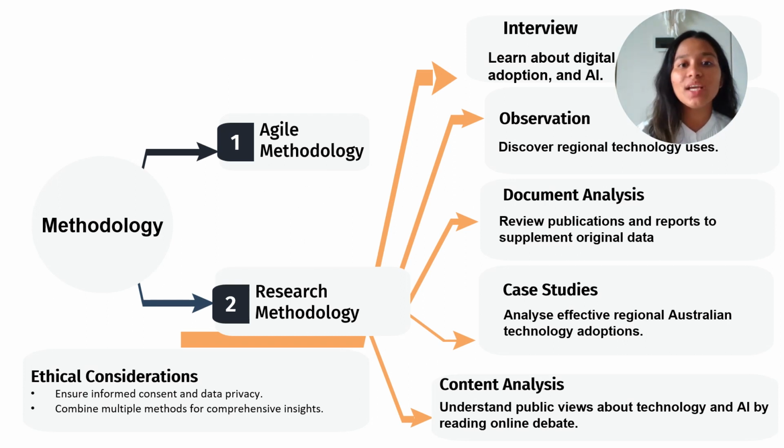This slide gives an overview of the method that we will implement in our research project. Interviews, observation, document analysis, case studies, and content analysis are some of the qualitative methods that we have planned to use in this project. We will also use the Agile methodology for flexible project management, which will let us change our method as new information comes to us.